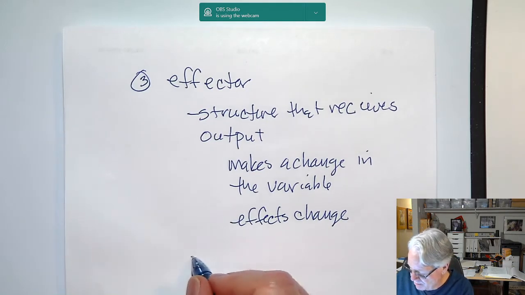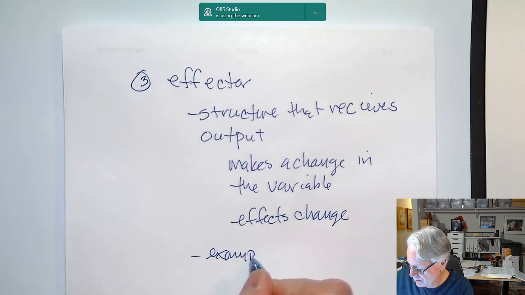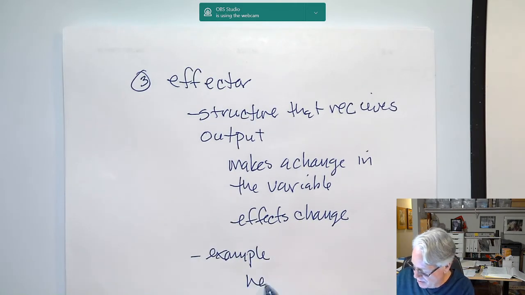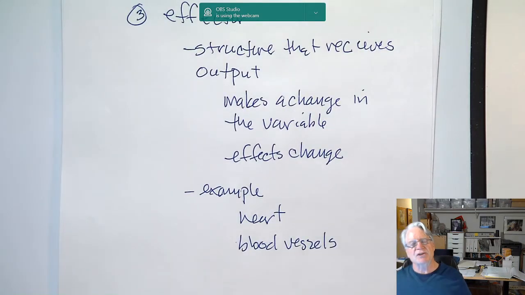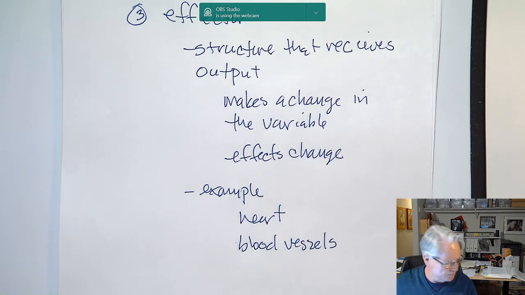An example is going to be the heart and blood vessels. So if we get a change in blood pressure, we can adjust for that change by either increasing or decreasing the heart rate, by constricting or relaxing blood vessels, depending on what direction that variable is changing, whether we're getting an increase in blood pressure or a decrease in blood pressure.